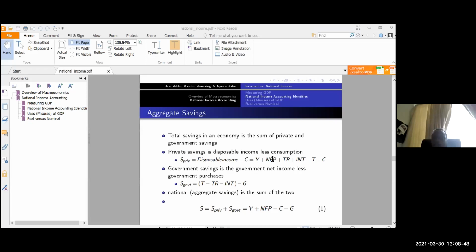So you're going to be left with Y plus NFP from the private equation, minus C, and then from the government side, you just have minus G. That gives you an idea about the level of total savings in the economy, which is given by the income plus NFP minus all the aggregate consumption in the economy minus the government expenditure. So that will translate into the total savings.